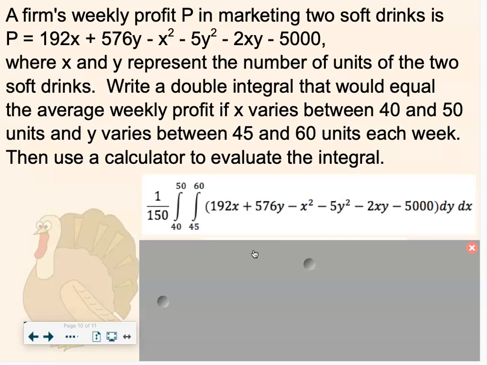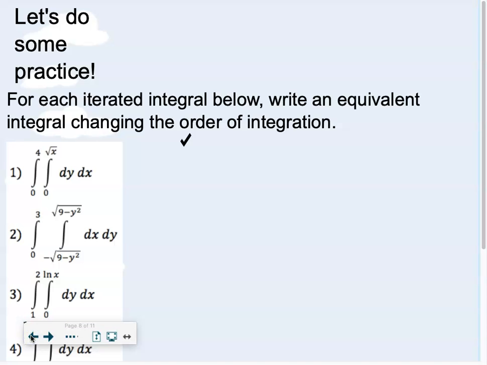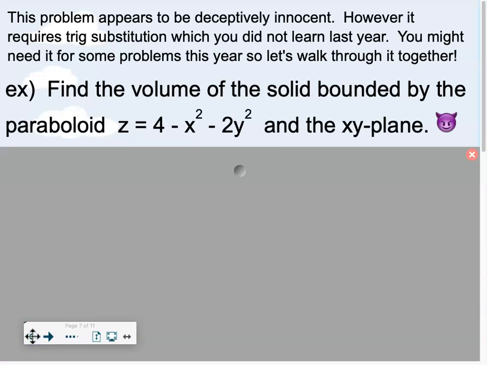All right, we're not going to use calculators yet to do these. Instead, we're going to go back to this problem, because I have to teach you trig substitution. This problem appears to be deceptively innocent. However, it requires trig substitution, which you did not learn last year.